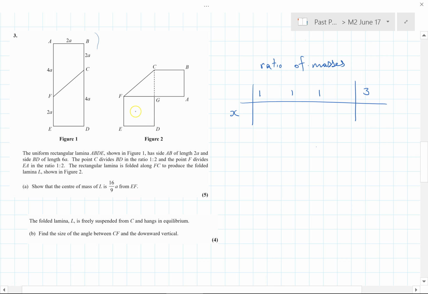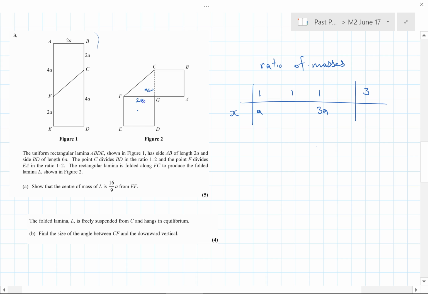Well, let's do the easy ones first. This one here. Well, the length from here to here is 2a, so this has got to be a. And again, the length from here to for this part, that length there is a, but we've got to add it to the 2a that we've got here. So that's 3a. So the slightly more troublesome one is this one here. Well, bearing in mind it's a third, because it's a triangle, it's a third of the way.